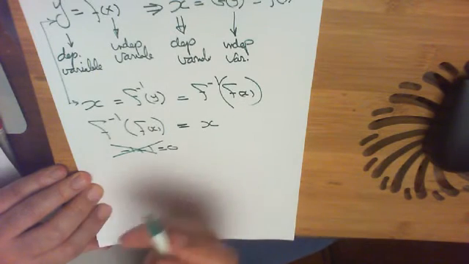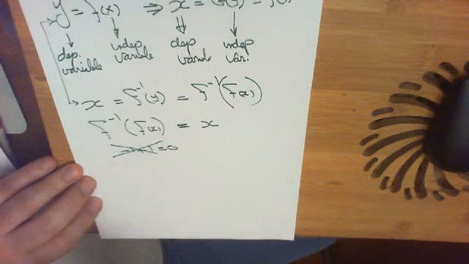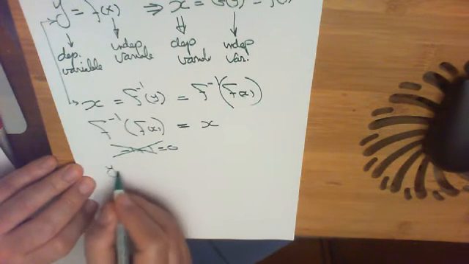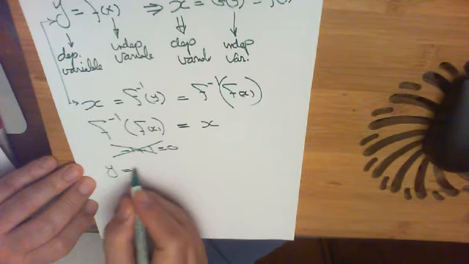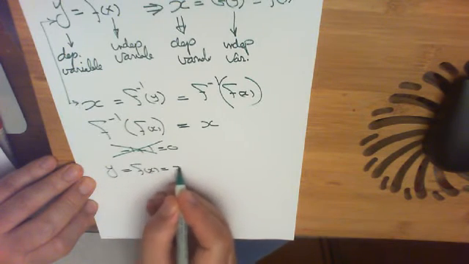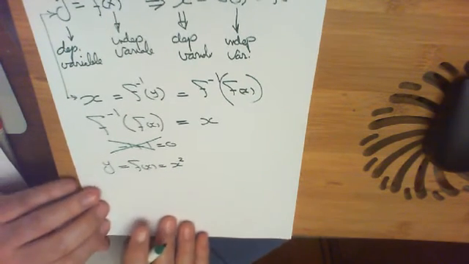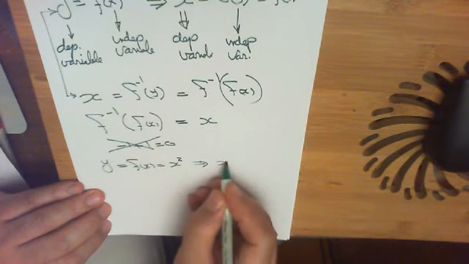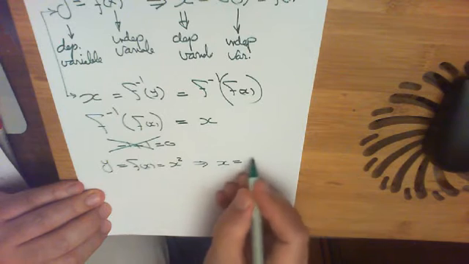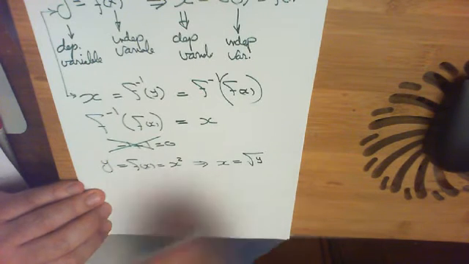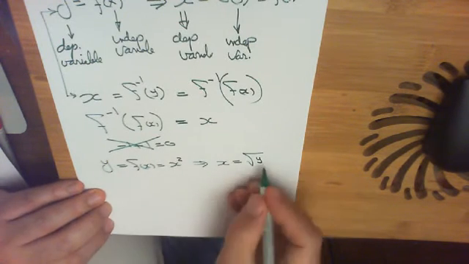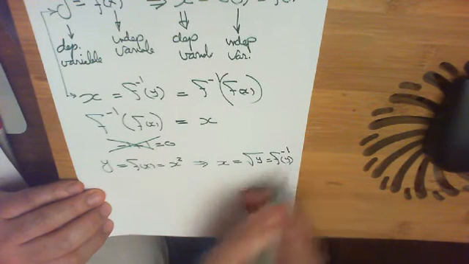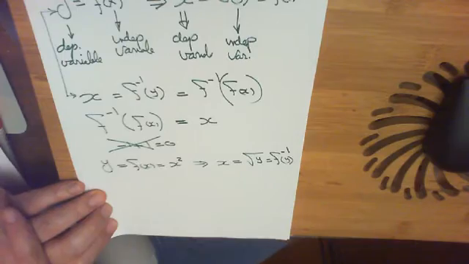For example, when you are asked for y equals x squared, f of x, which is x squared, we can express x as root y. This is f minus 1 of y.